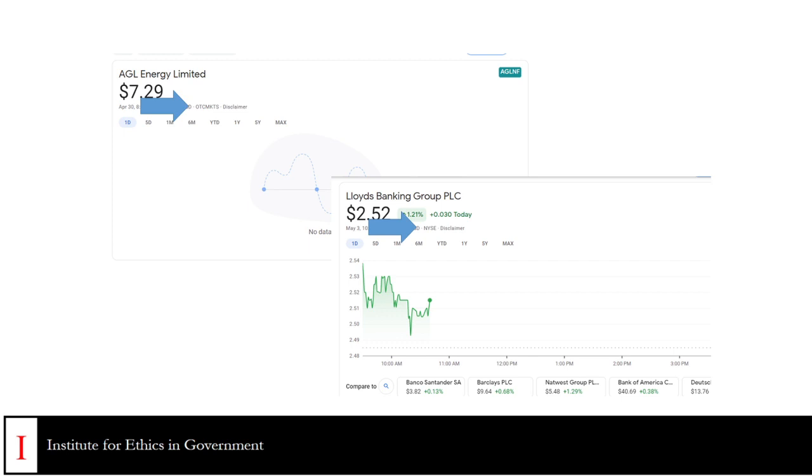Over-the-counter securities do not trade on an exchange, so do not meet the definition of publicly traded, so we do not have the $15,000 de minimis exemption available to us. So our conflicts analysis, even though these are both ADRs, suggests that one is eligible for the de minimis exemption for securities and the other is not, by virtue of the way they trade.